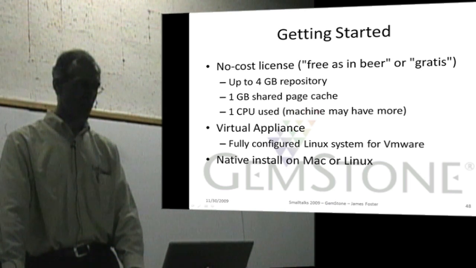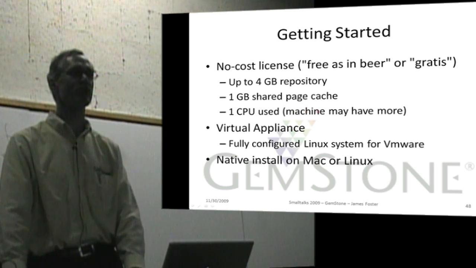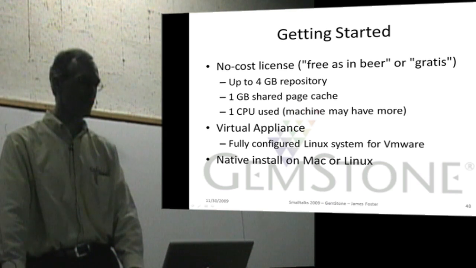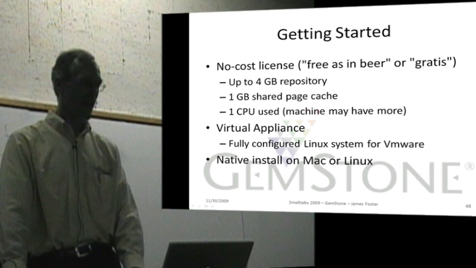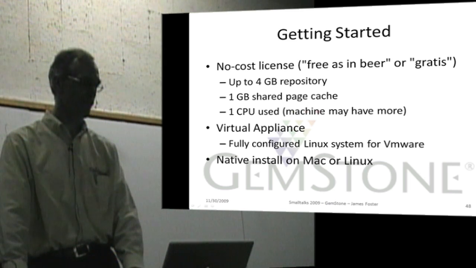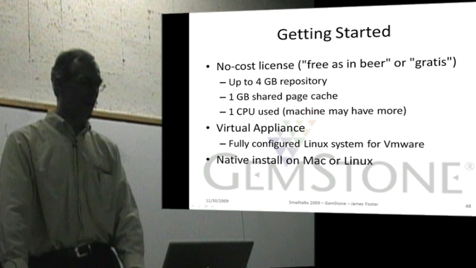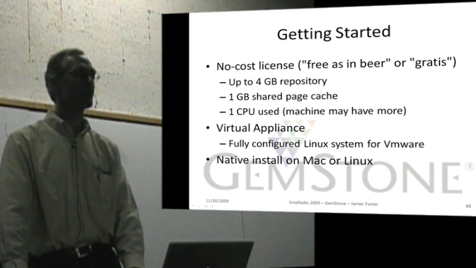If you'd like to get started, there's a free, no-cost license that can be 4 gigabytes of data and 1 machine. Otherwise, it's fully functioning, the production system. It's available as a virtual appliance, fully configured for Linux.